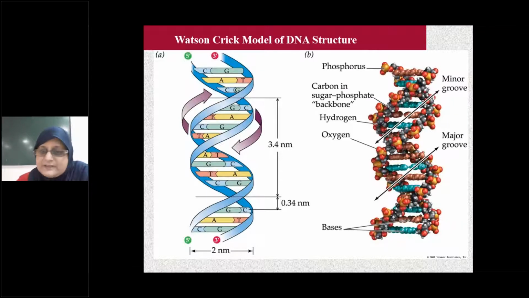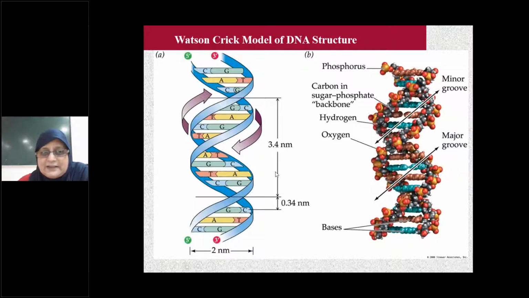The backbone of this double helical structure is formed by the sugar and phosphates, while the bases are present along the perpendicular axis. The pitch of this DNA helix is 3.4 nanometers, and the distance between each of these bases is 0.34 nanometers, while the width of the helix varies between 1.9 to 2 nanometers.